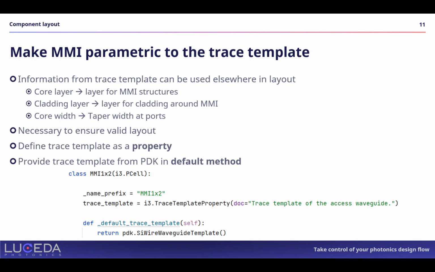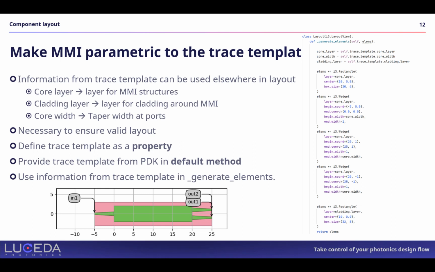This is where you define all the different parameters of your cell that you can vary. We provide in our properties a value to the name prefix. This will be used as a prefix to the name of each cell in your layout, which means each MMI in our circuit layout will be called MMI 1x2 1, MMI 1x2 2, and so on.